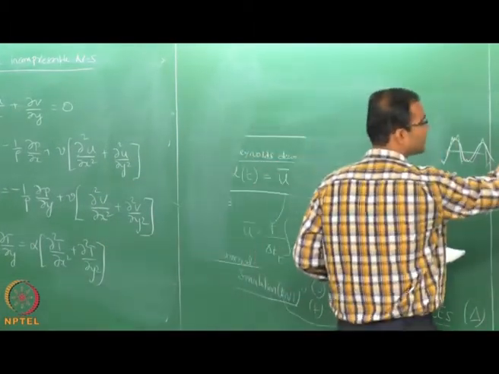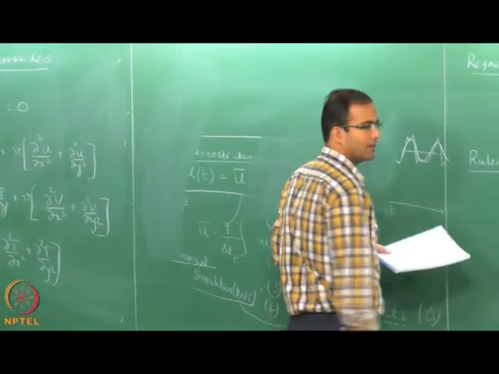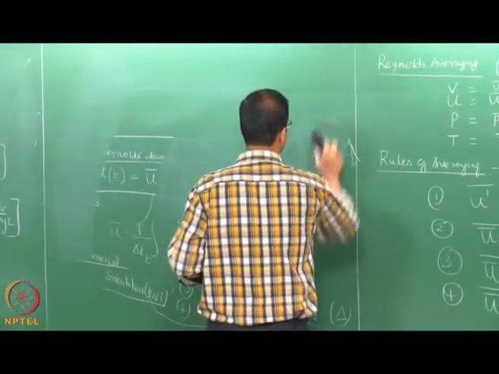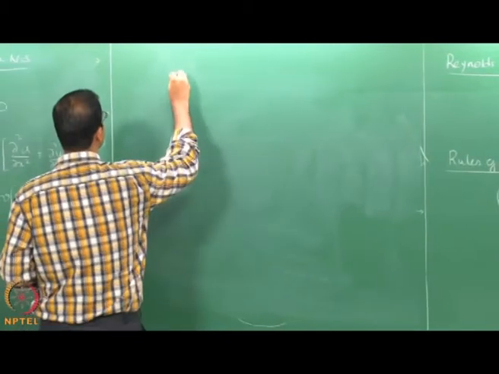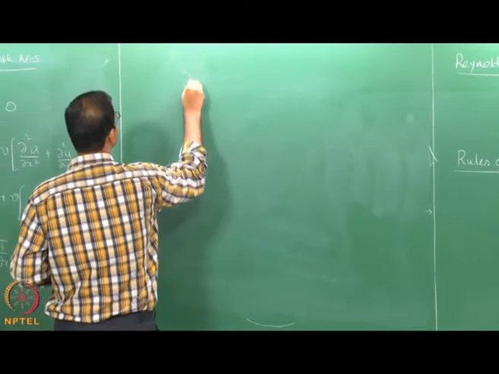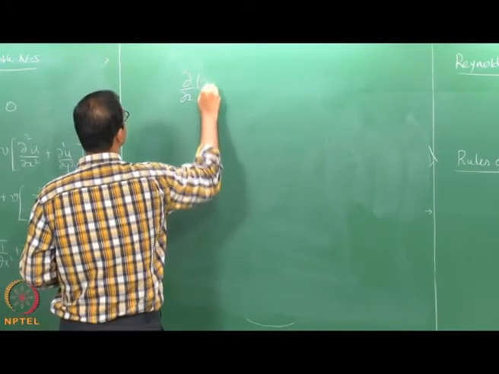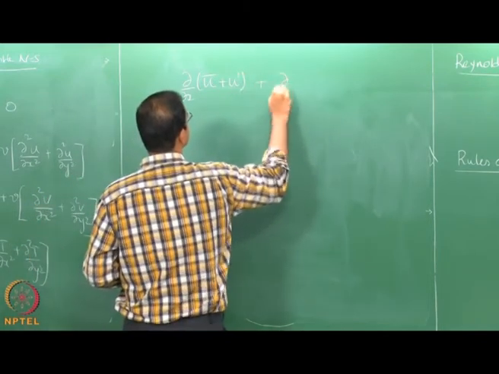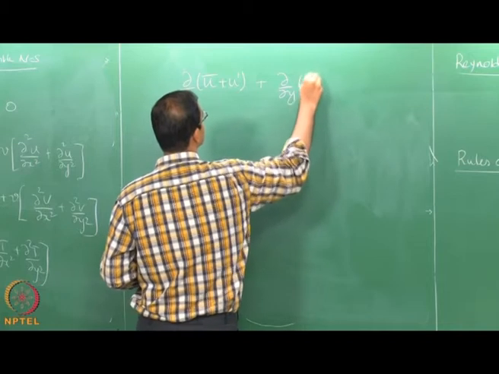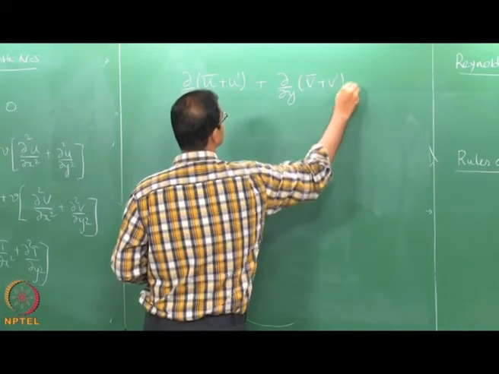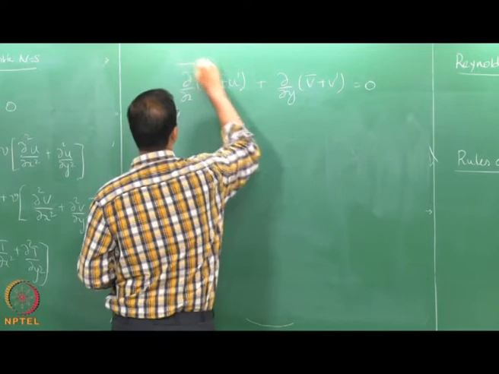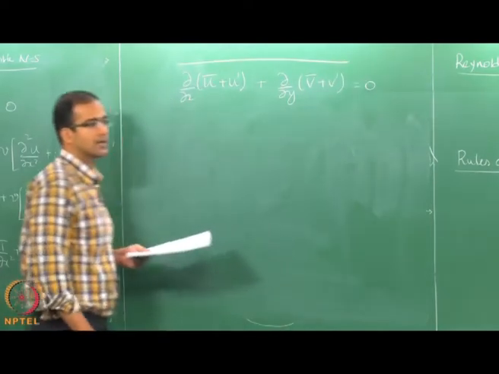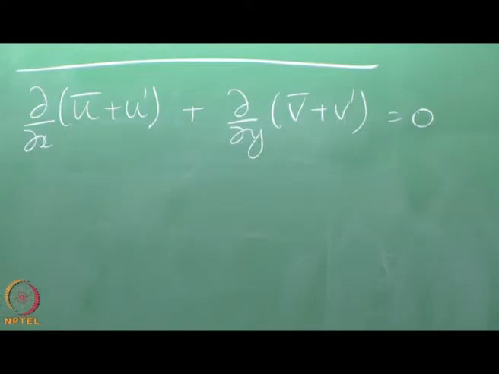I have written down the Reynolds decomposition here. So, you can write the continuity equation as d by dx of u bar plus u prime, plus d by dy of v bar plus v prime, and now average this entire equation. Some textbooks follow some conventions.